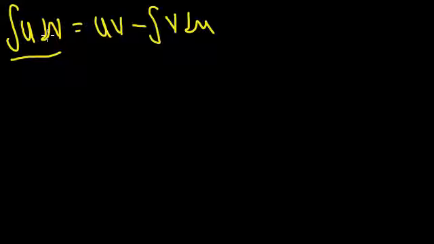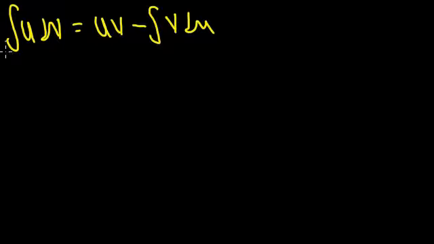Now, the tricky part of this concept is how would you tell which is the actual function and which is the derivative function? So in this video, I'm going to show you a clear picture and the best way you can use to identify which of the functions is going to be your u and which of them is going to be your v. So let's begin with an example.